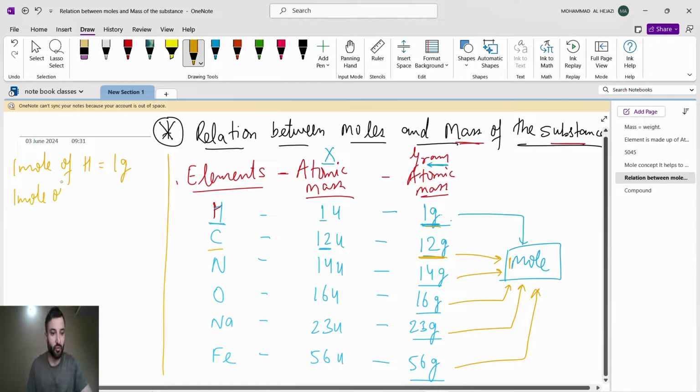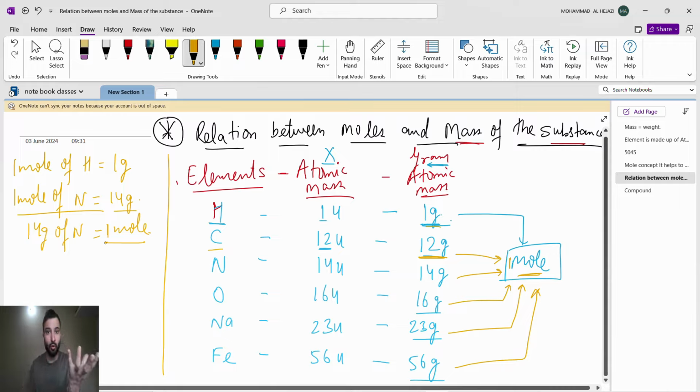Let's imagine 1 mole of nitrogen. So 1 mole of nitrogen is how much? 14 gram, because all this is a mole. You can see it in reverse. 1 mole of nitrogen is 14 gram. So if I write 14 gram of nitrogen, it means 1 mole.